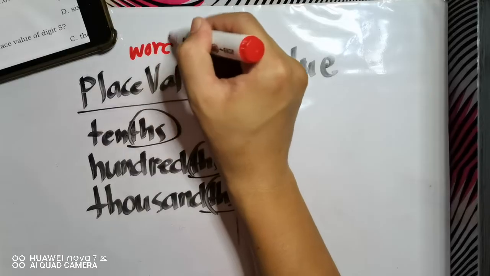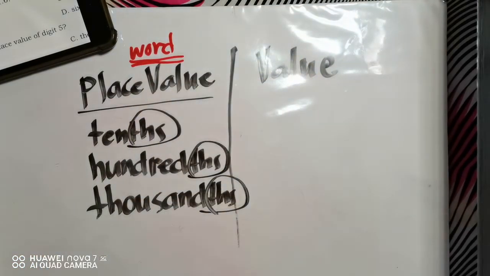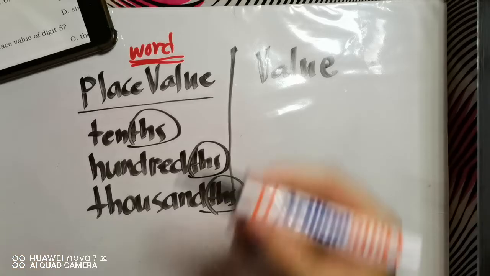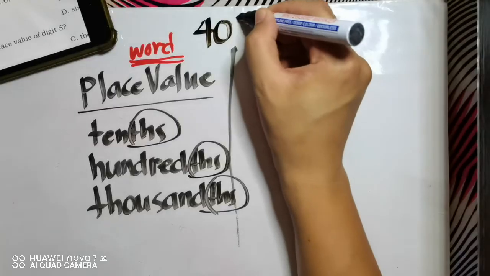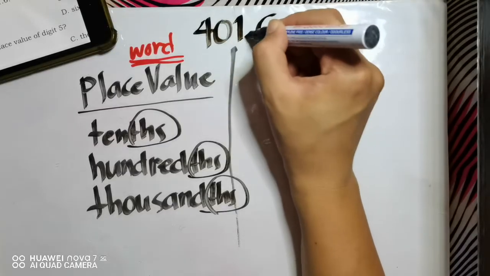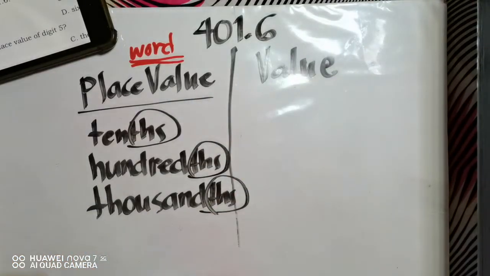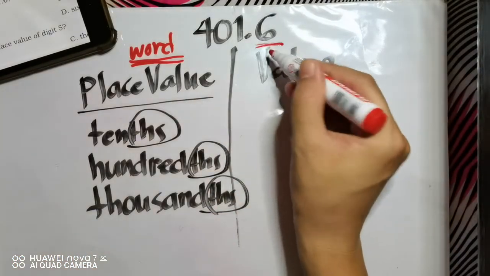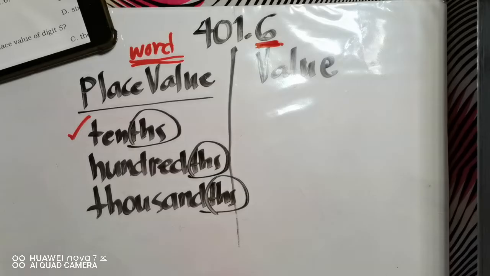Okay? Madaling salita, place value, yun yung mga words na ginagamit. So, kumbaga, word ang sinusulat. Whereas the value pertains to the number. So, ano ibig sabihin nun? Let's say, in the example na given kanina, if you are asked about the place value of the number 6, the place value is tenths. Yan yung place value.